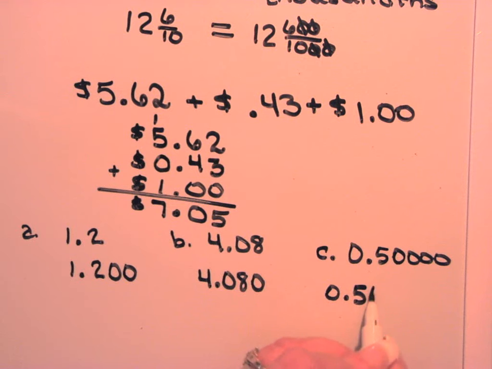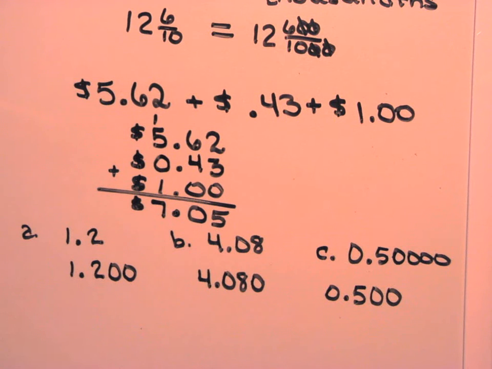We'd have 1, 2, 3 decimal places. So in this one, we have 2 more zeros added on. In this one, we had to add 1 more zero. In this one, we had to drop 2 zeros. But they all came up with the same amount as far as having 3 decimal places.